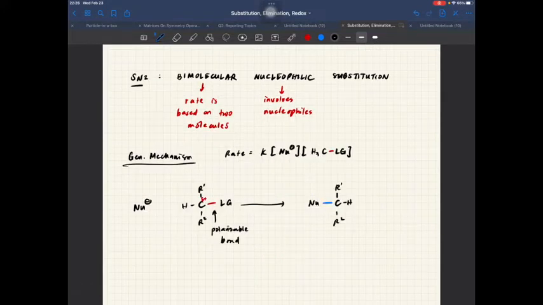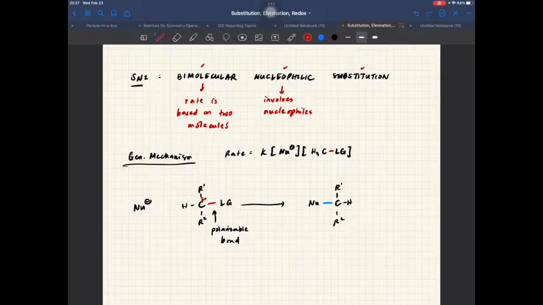The second type of substitution reaction for alkyl halides and alcohols is what we call the SN2 reaction, or bimolecular nucleophilic substitution. SN2 comes from the term bimolecular, meaning the rate is based on two molecules. Nucleophilic means that nucleophiles are involved, and substitution means the nucleophile will replace the good leaving group.